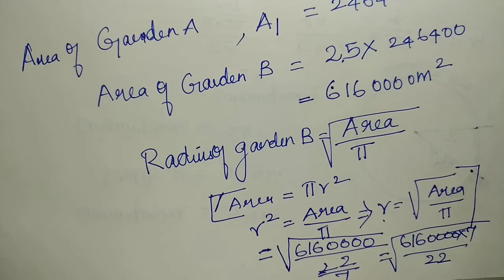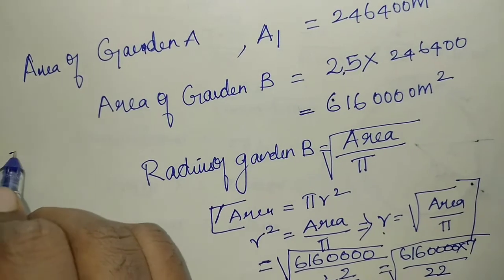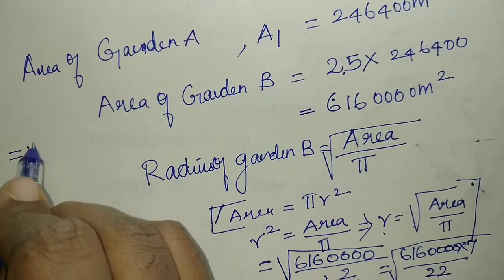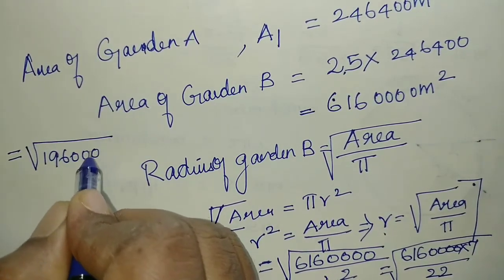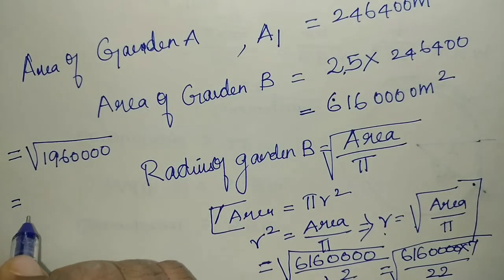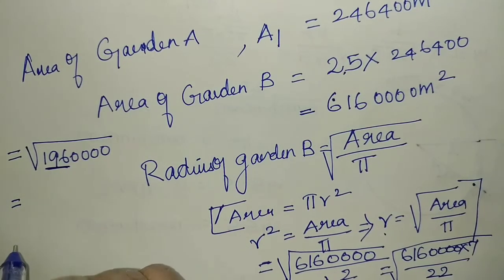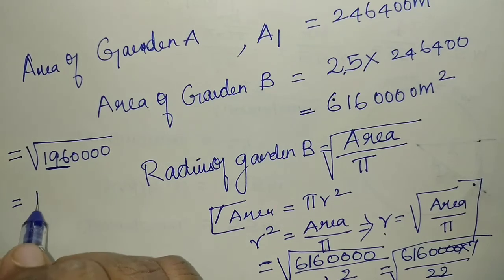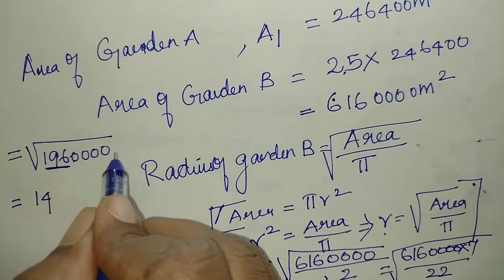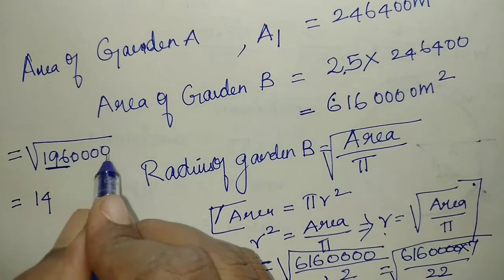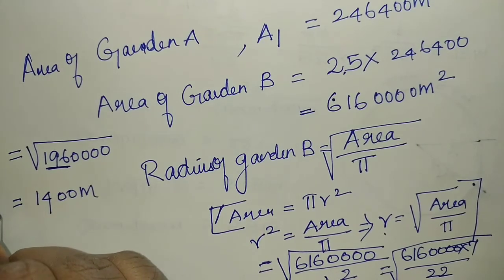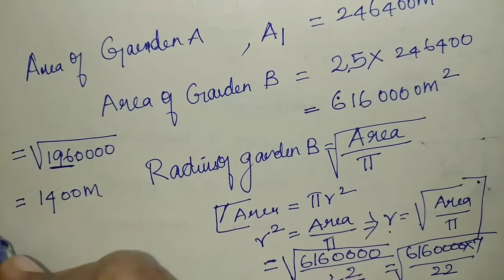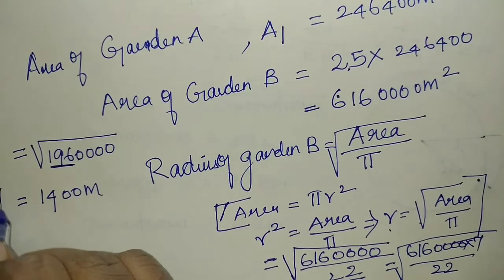You will get root of 196 and 4 zeros. The square root of 196 is 14. 4 zeros are there, so the square root of 10000 is 100. So this is 1400 meter, the radius of garden B.